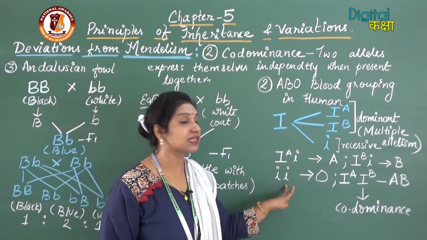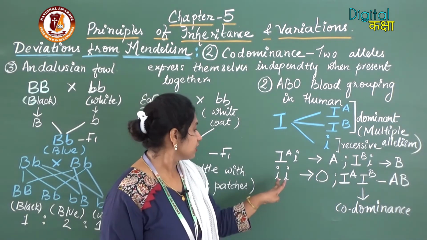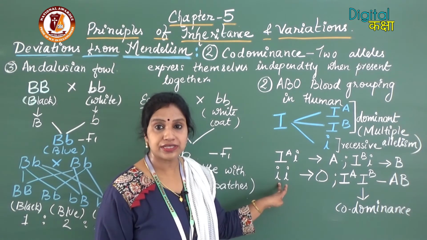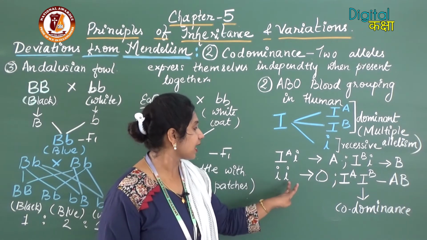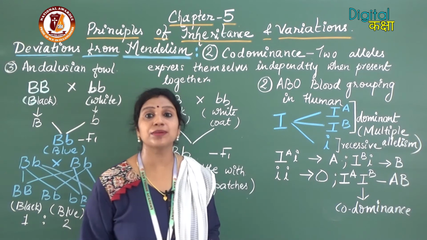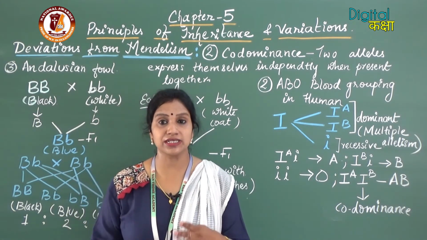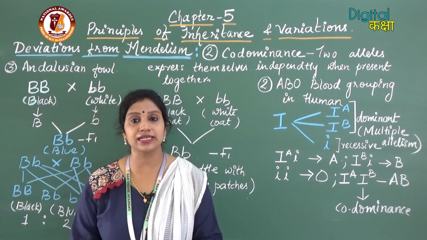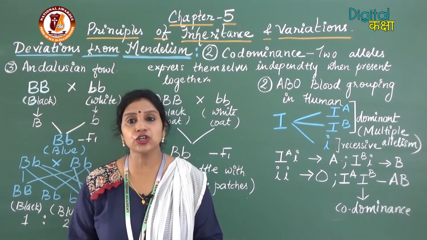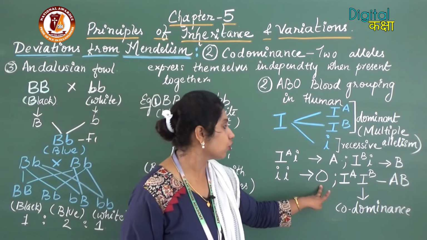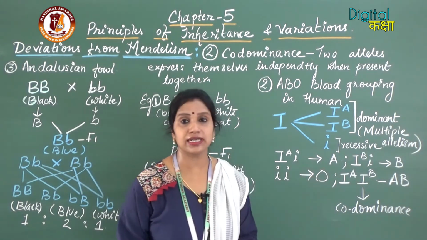Now here you can see the third condition where both the alleles are recessive, small i and small i. So here the blood group will be O. When the two recessive alleles, small i, come together in an individual, the blood group of that person will be O. Now coming to the fourth condition.